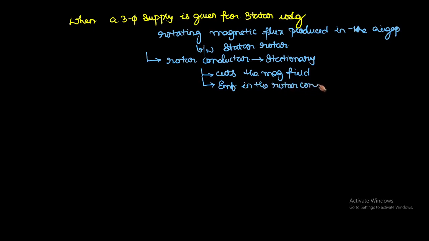Step by step, you see once again. Whenever you give a three-phase supply to the stator winding, a rotating magnetic field is produced in the air gap between the stator and rotor. The rotor conductors are stationary initially, so the rotating magnetic field cuts the conductors. Because of that, an EMF is induced in the rotor conductors.